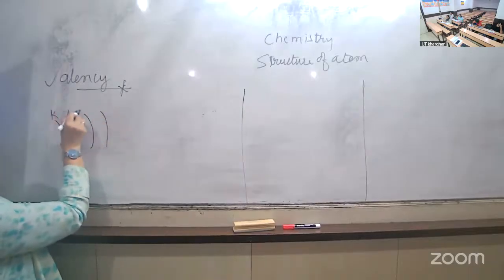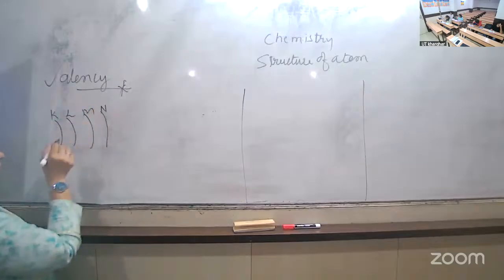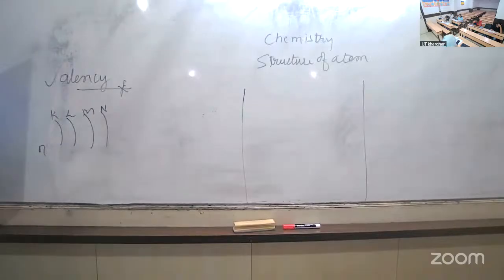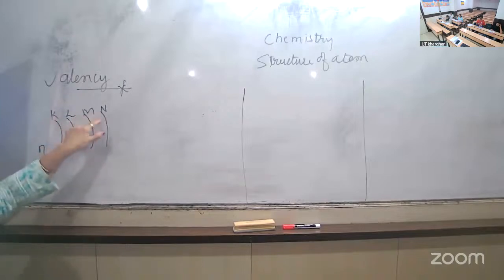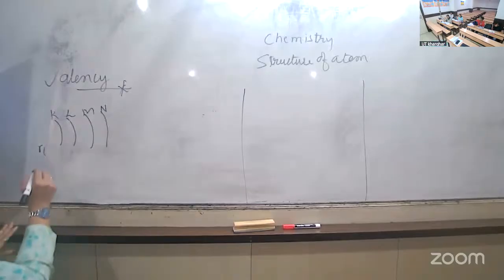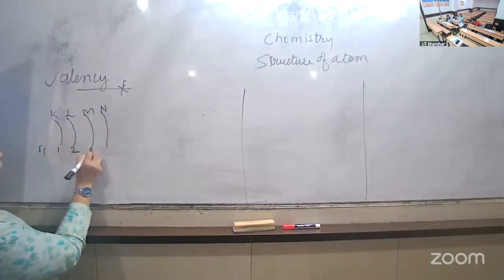K, L, M, and N. Now, after that, I have told you to identify the energies as which numbers were given. These are the shells with energy n is equal to... Start from 1 ना, 0 से तो start नहीं करने वाले. So it starts from 1, 1, 2, 3, 4.